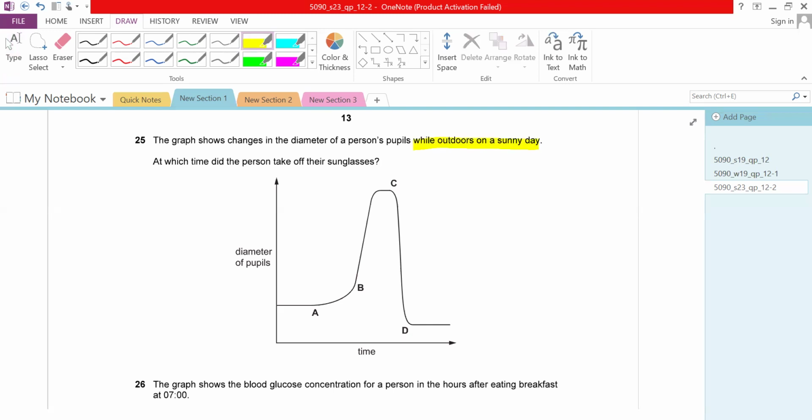So at point C, the person took off his sunglasses. As he took off the sunglasses, more light enters his eye, and then the pupil diameter decreases due to more light intensity.